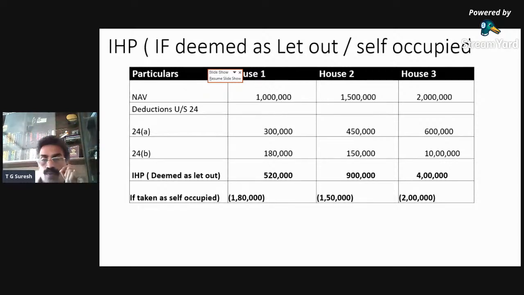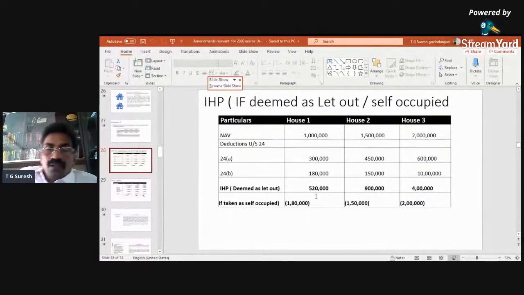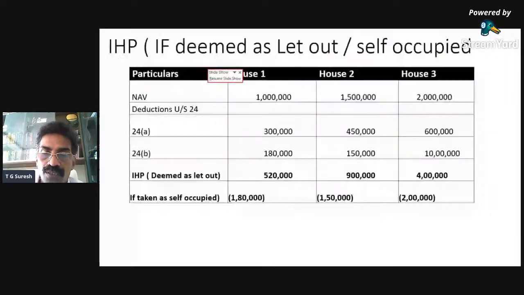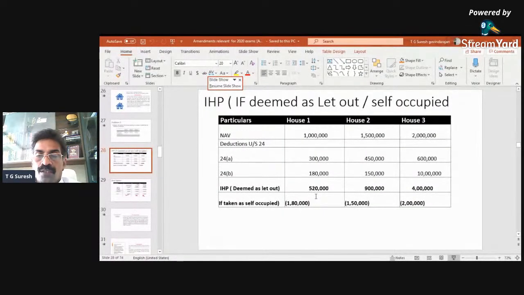The net annual value: 10 lakhs, 15 lakhs, 20 lakhs. 30% deduction: 3 lakhs, 4.5 lakhs and 6 lakhs. Section 24(b): 1.8 lakhs, 1.5 lakhs, 10 lakhs. This would have been the house property income if house 1 is deemed as let out, house 2 is deemed as let out, and house 3 is deemed as let out.